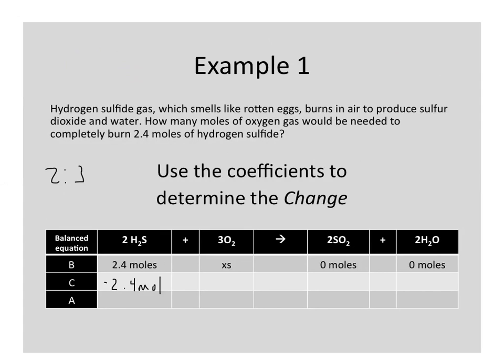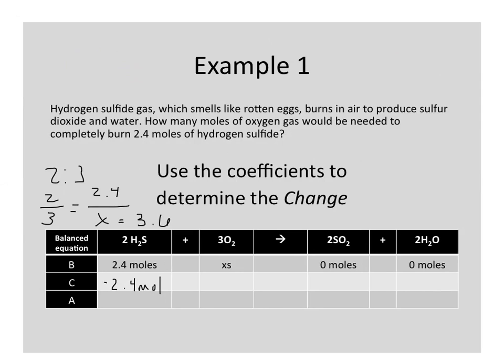So we can set up a proportion. 2 of the H2S to 3 of the O2 gives us 2.4 up here, and if we solve for x, it ends up being 3.6.